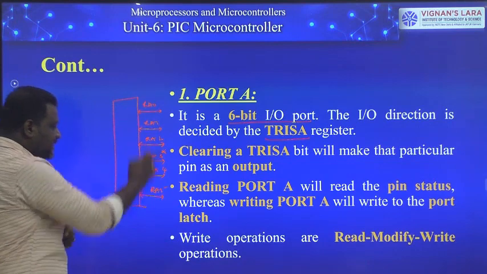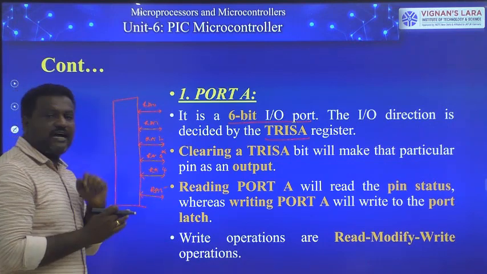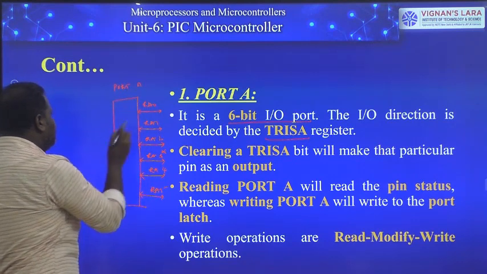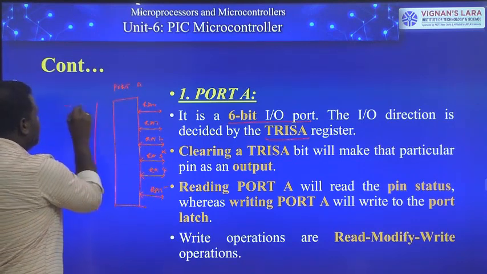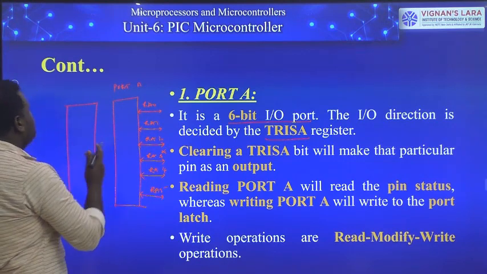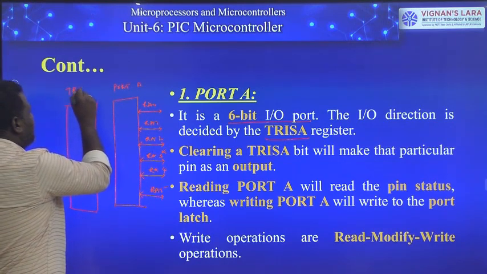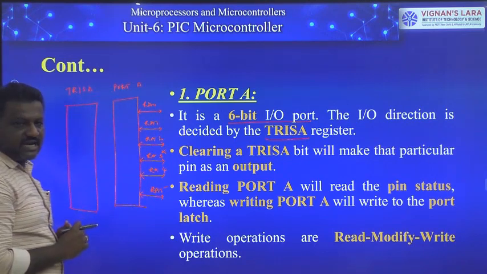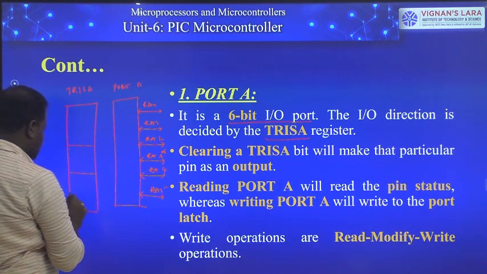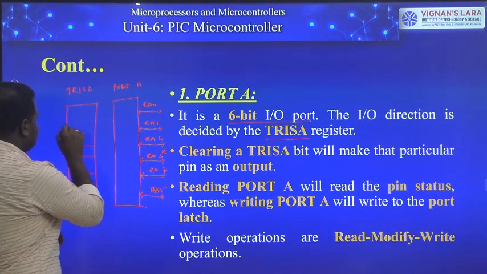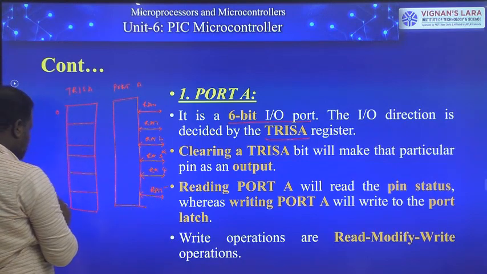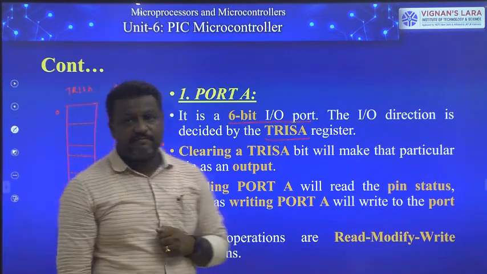Next, to define the direction of the individual I/O pins of port A, we take the help of a register called the data direction register. For port A, that data direction register is TRISA. This register size is 6 bits, with bit 0 to bit 5.